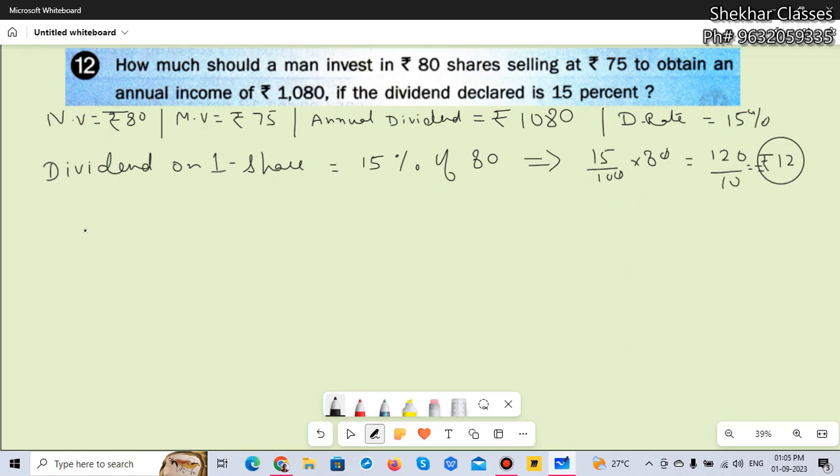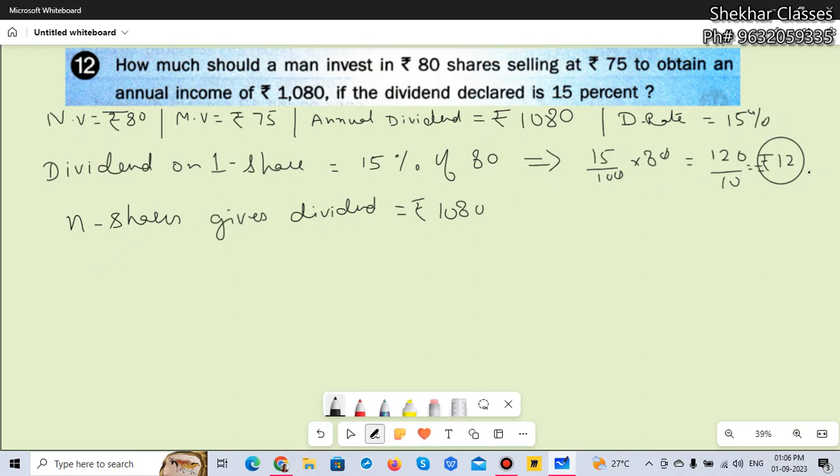I do not know how many shares he has. You see, n number of shares gives a dividend of 1080 rupees. Fine.